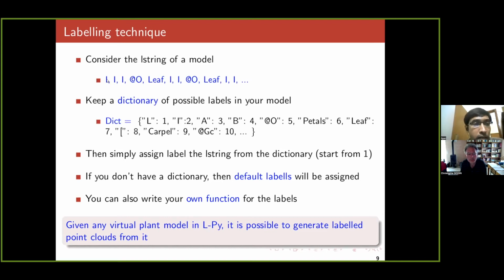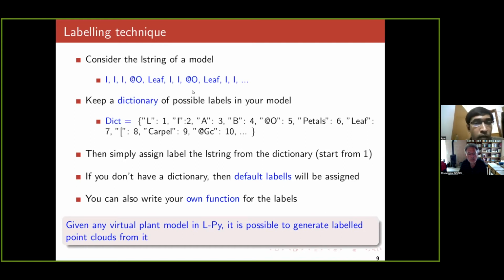For example, I means internode, and this O means it's a sphere, and leaf is another L-string that's defined somewhere, and there are also some other primitives. So the L-string of some geometric plant model is I, then O sphere, then leaf, and then internode, and then leaf, and some other combinations.